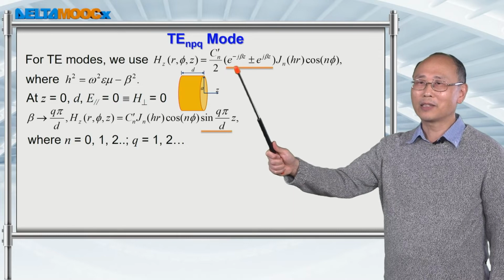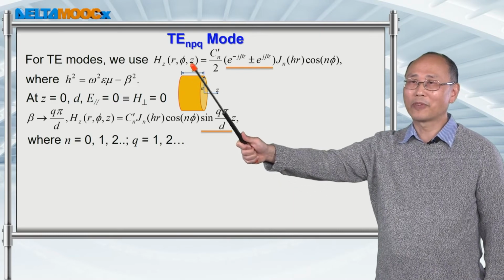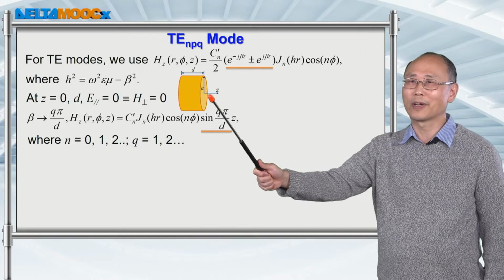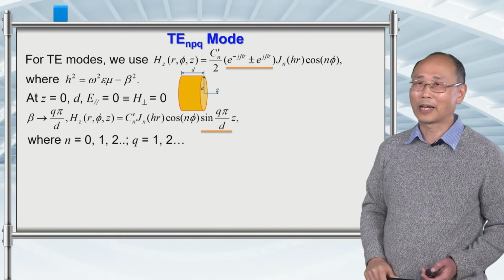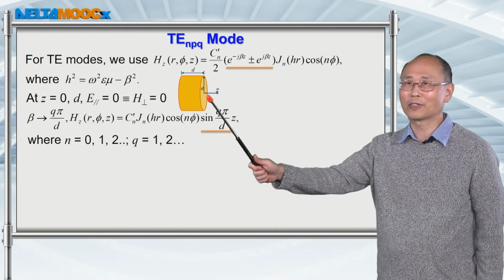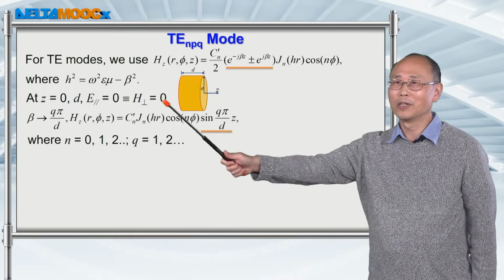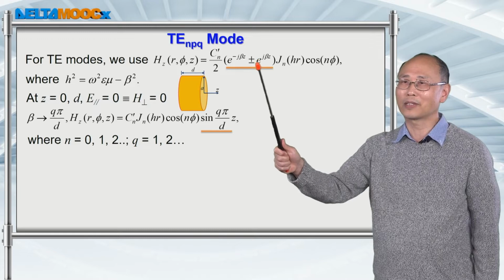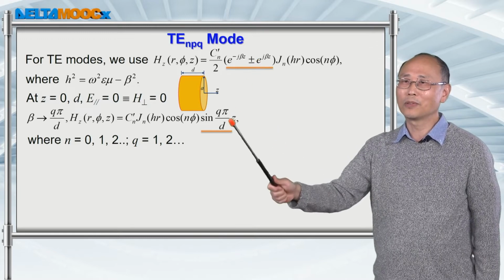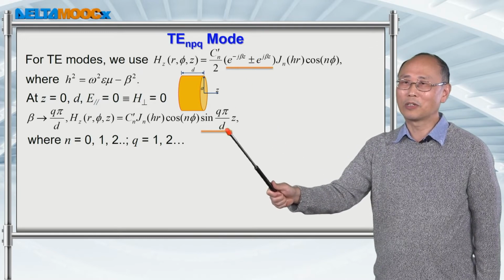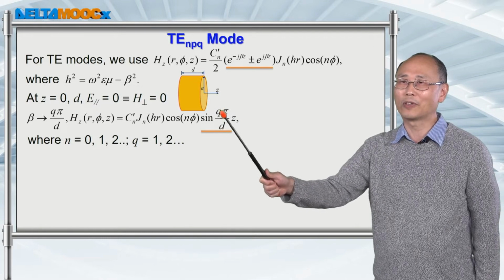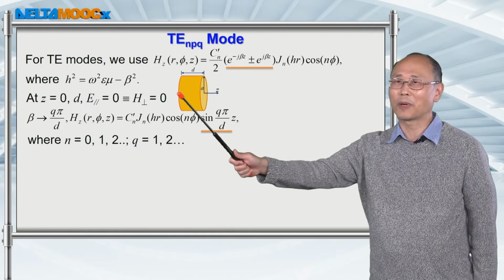And this z component of the magnetic field on this surface is going to be a normal component of the magnetic field on the surface, which is going to be equal to 0. So you choose the sign of this plus minus here to ensure that you have zero normal component of the magnetic field at this boundary and at this boundary.